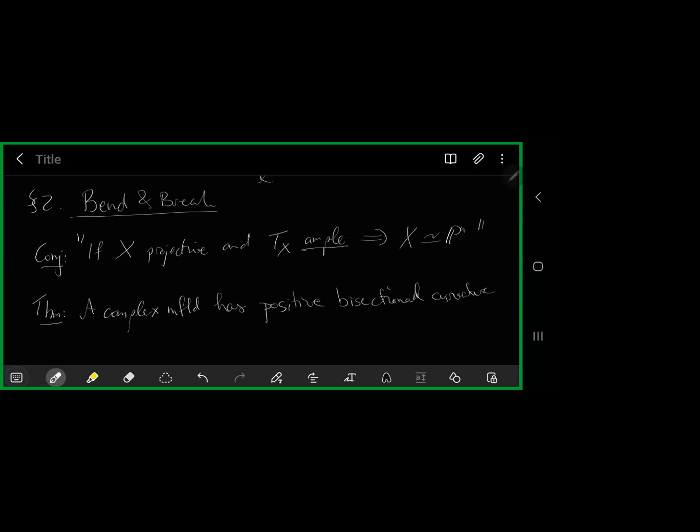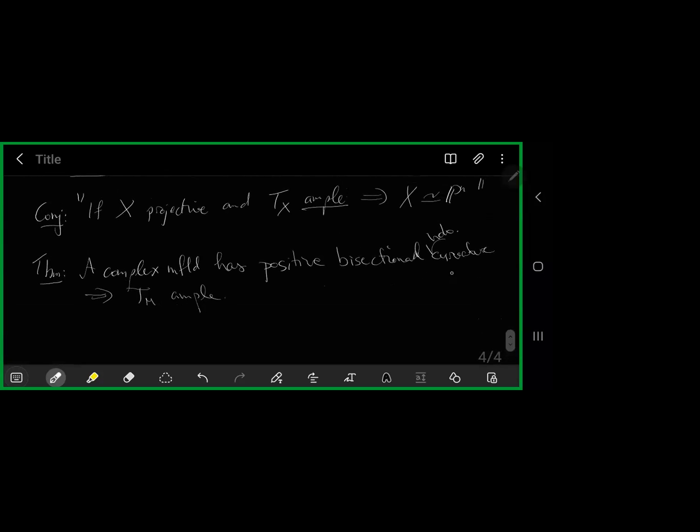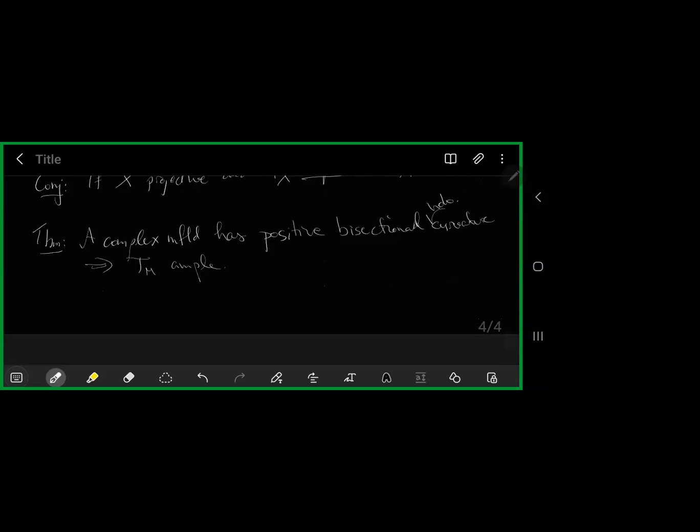So if you have some kind of Riemannian metric, and also tensors that are telling you that your holomorphic curvature, the bisectional holomorphic curvature, is positive everywhere, then this implies that the tangent bundle is ample. So whatever this condition means, it is implied by having restrictions on the curvature of the space.